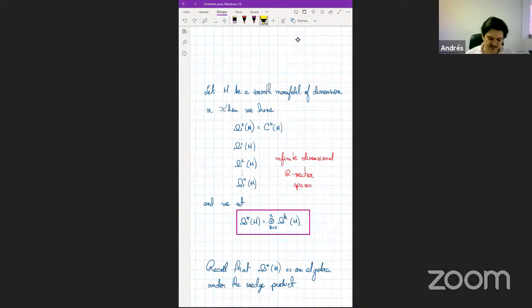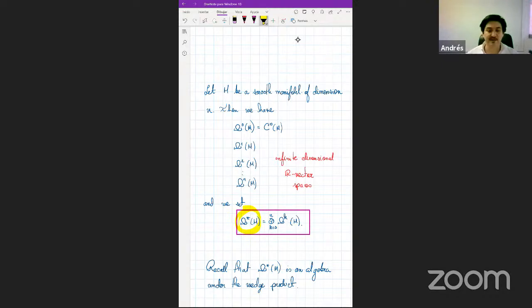Now, the collection of all these vector spaces, we have this, and in fact, we have a product. We didn't discuss that product, but it's the one at the beginning of the book, and the same that you use in multivariable calculus, the wedge product. So when you use the wedge product, this becomes an algebra.